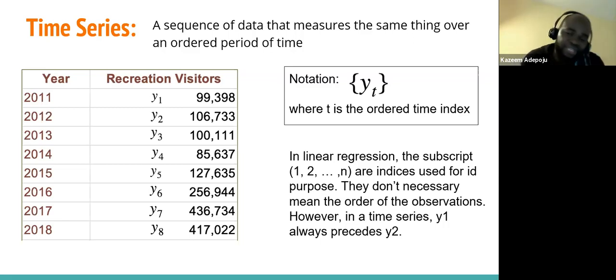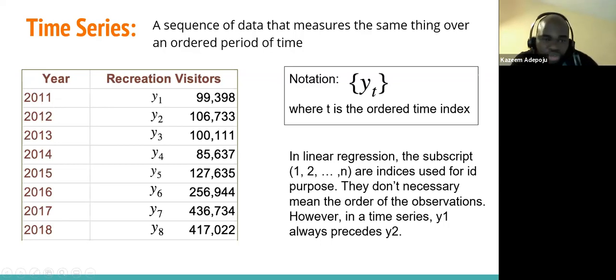But for time series, we are actually referring to order. You get it now? That was why I said that in a time series, Y1 always precedes Y2, which means 2011 will come before 2012.